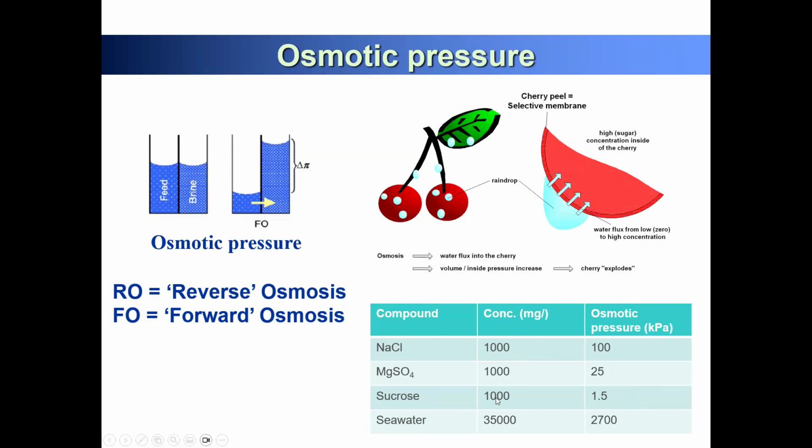And sucrose, a sugar, at 1000 milligram per liter, the same concentration, has a much lower osmotic pressure. So when you have different ions, different organics and inorganics, they show different osmotic pressures.